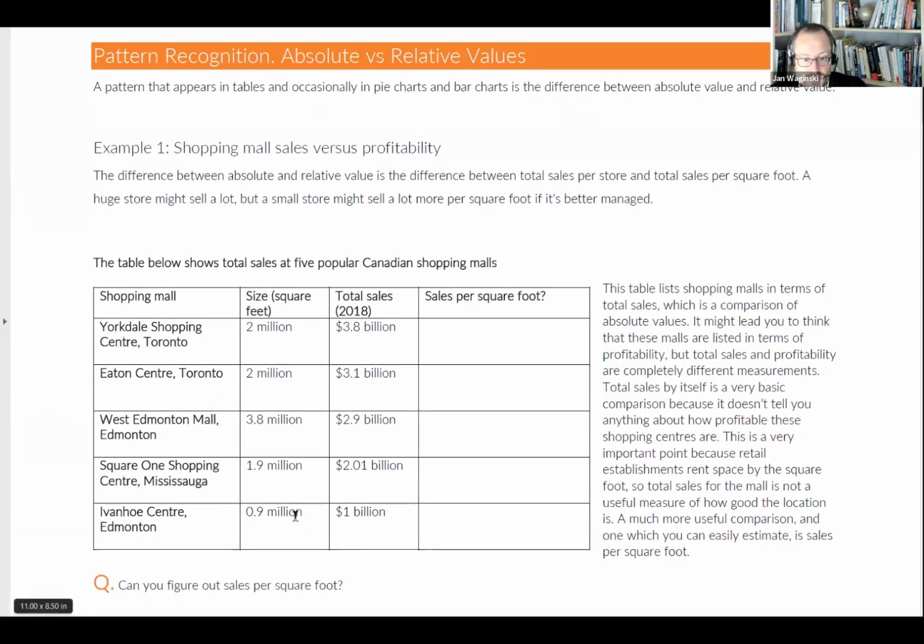Okay, Ivanhoe Centre, let's round it to 1 million square feet, and it's $1 billion in sales. So how many dollars per square foot? 100? We have to divide it by the square feet. So you're dividing one by one, it's just the zeros.